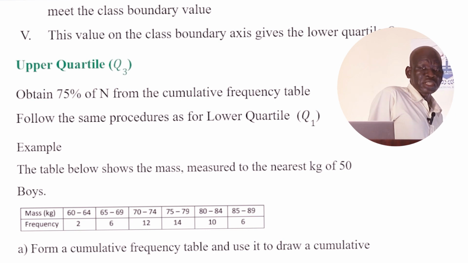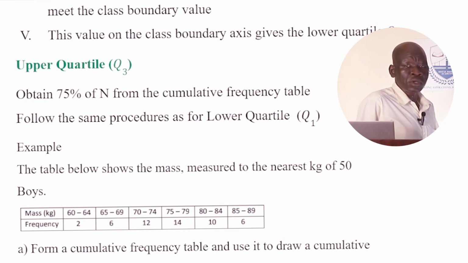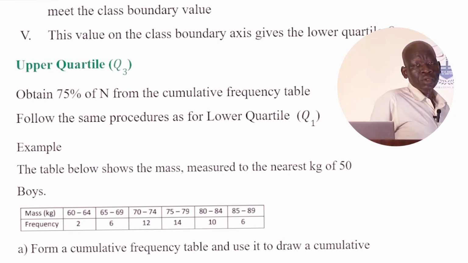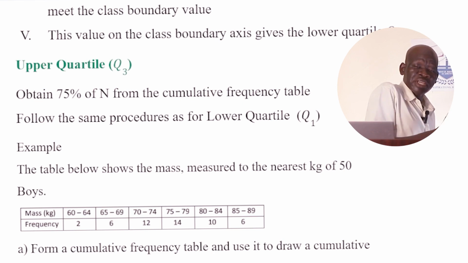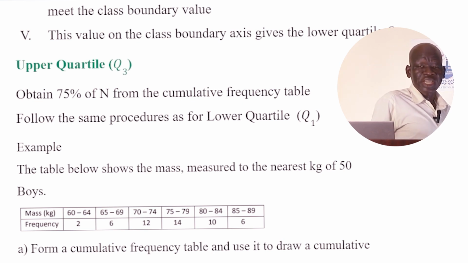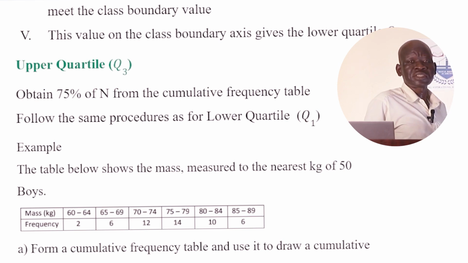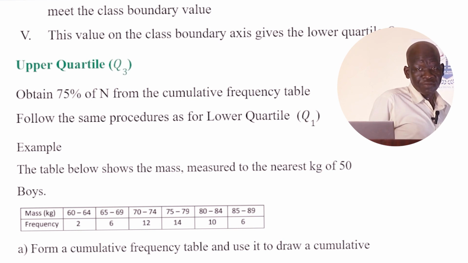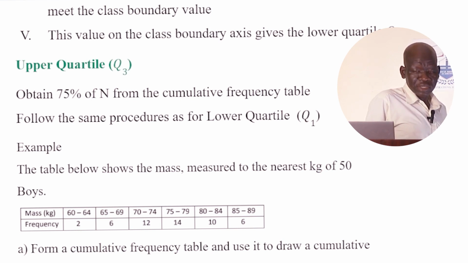After obtaining that value, we look for it on the cumulative frequency axis. That figure, we draw a horizontal line through it to meet the curve at a certain point. At the point where that line meets the curve, you draw a line downwards to the horizontal axis.